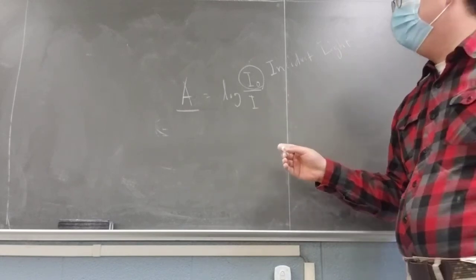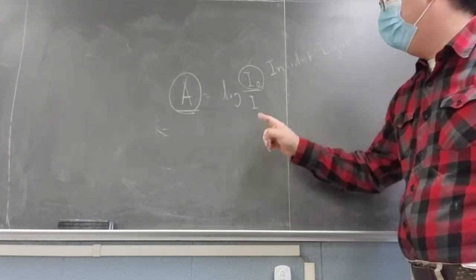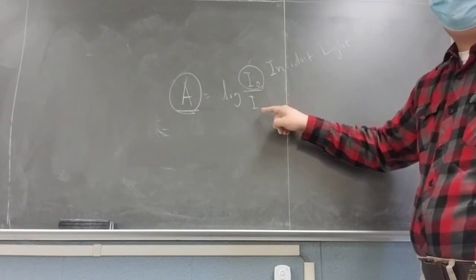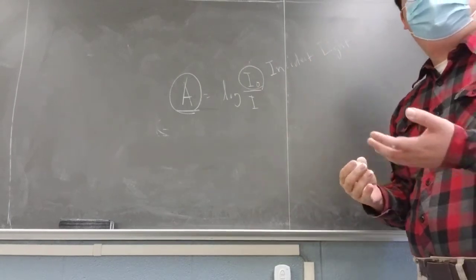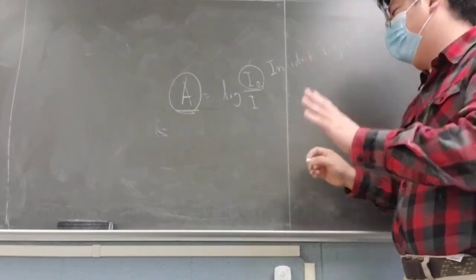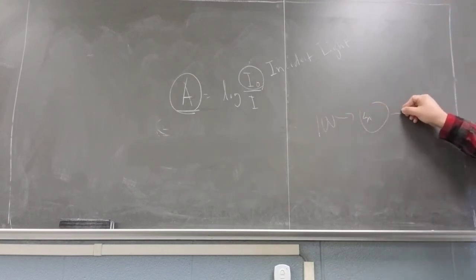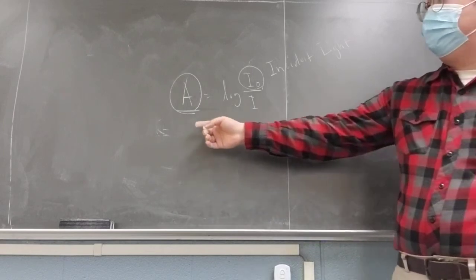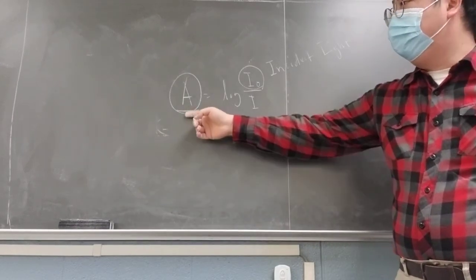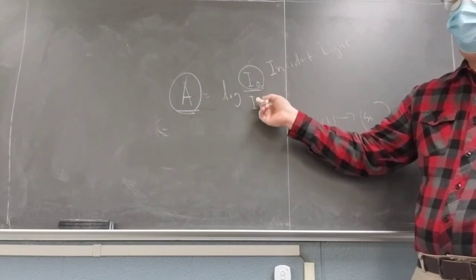That will give you some number for absorbance. So if you have a lower and lower I, you have a higher and higher absorbance, which kind of makes sense, because if maybe 100 goes into a sample and only 1 came out, that means it absorbed a lot of light. That will give us a very high absorbance value, because this is the denominator in this fractional number in the log.